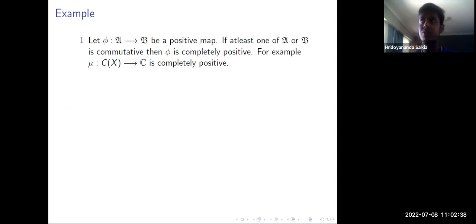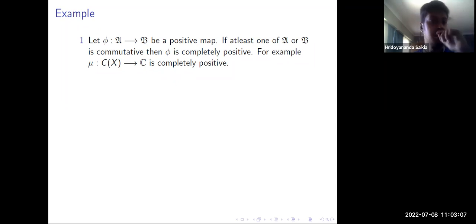Okay, it requires a lot to be a completely positive map. So there exist some maps which are positive but not completely positive. Right now I won't give you any examples. They are not very easy to construct, but I must stress that there exist some positive maps which are not completely positive.